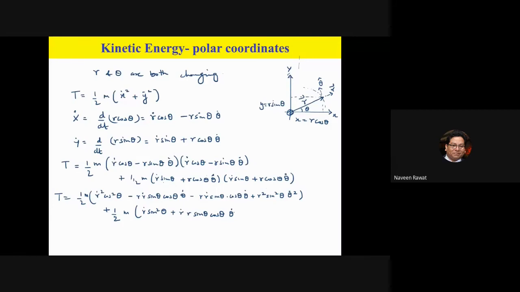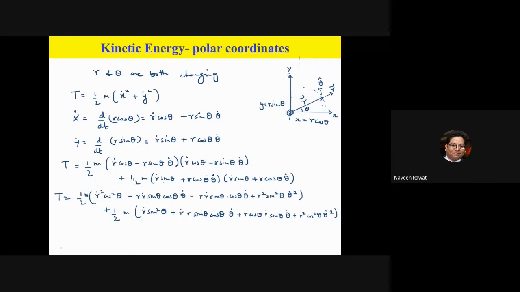And I have another r cosine theta r dot sine theta theta dot, that is these two terms, and then in the end I'll have r square cosine square theta theta dot square. So now we have all these expressions, but it will combine down, you see.